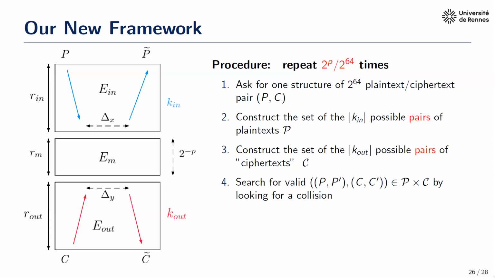Now, instead of looking only for the P', C' that are valid, you will look for the P, C and P', C' that are valid. But you can still do that by looking for collisions. For Skinny, as the key schedule is linear, you can match on the full state, and it does not change the complexity of the partial attack. So it's really free, because P is much higher than C.